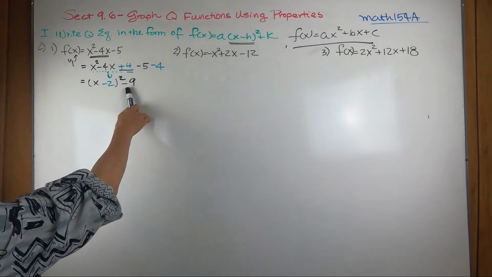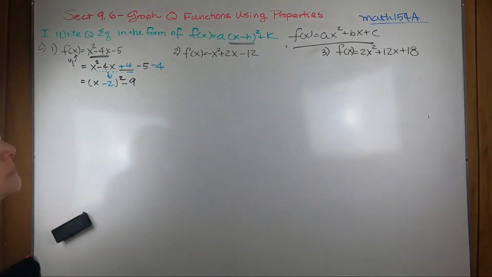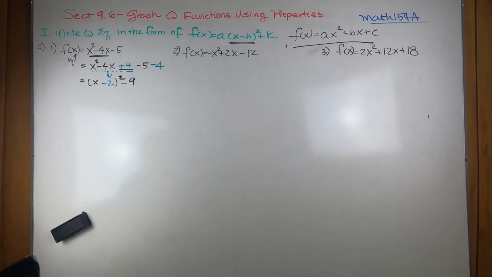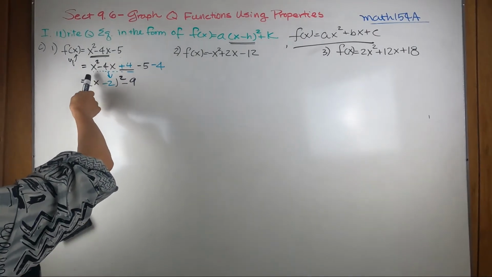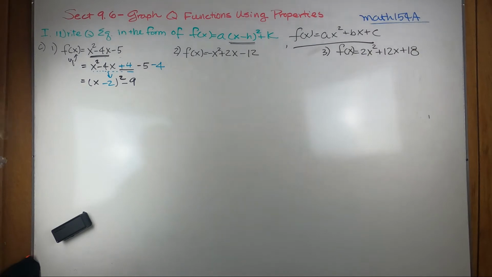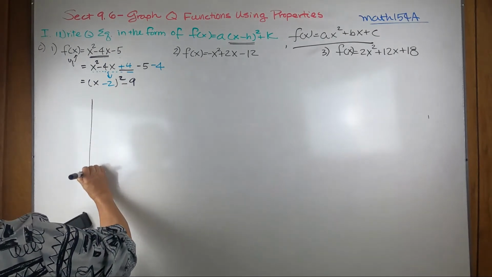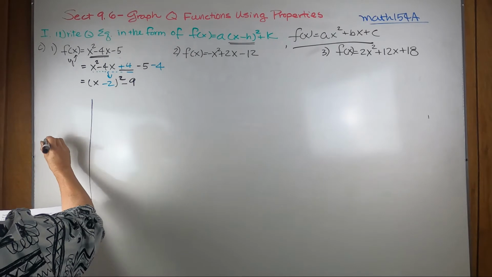So this way, do I have a vertex form? Right? And the leading coefficient is positive, so it opens up. So this way, I can do my t-table to graph it, right? So let's see, it opens up.